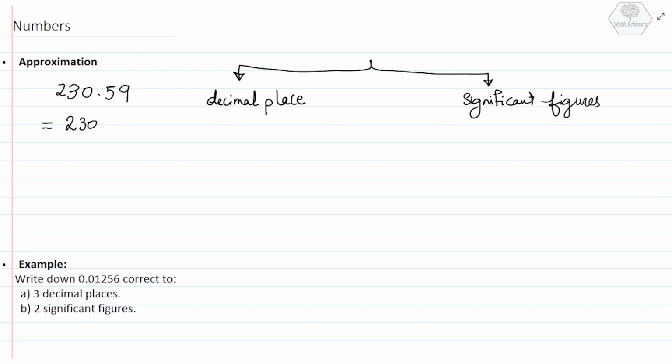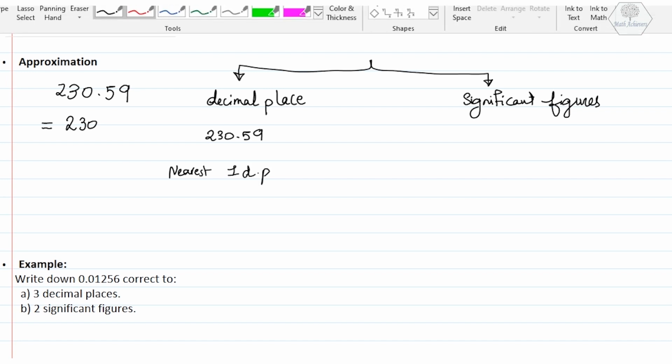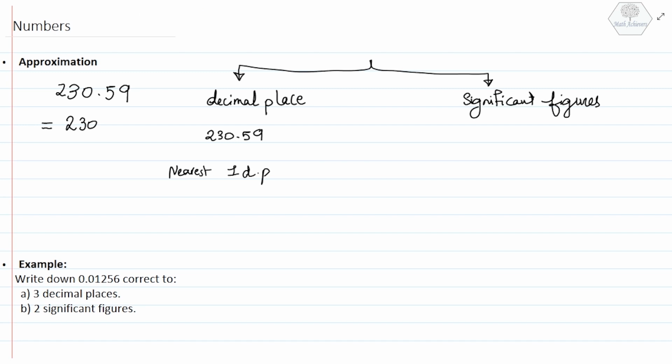For the decimal places, let's say I want to round 230.59 to the nearest one decimal place. One decimal place means that I will go one digit after the decimal point. I will look at the 9. Is it greater than 5? Yes, it is.